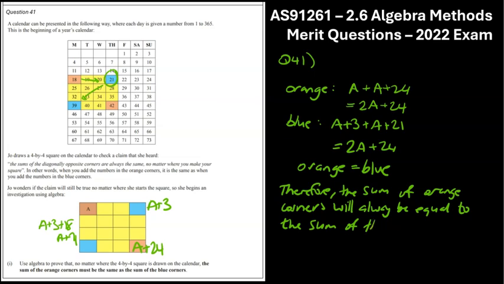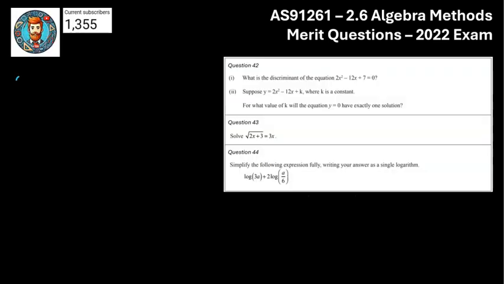I already said orange, haven't I? Sum of the blue corners.